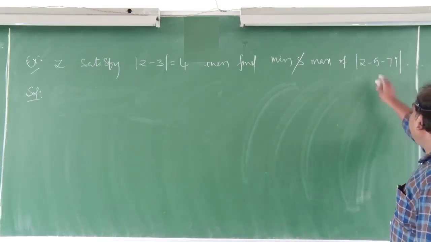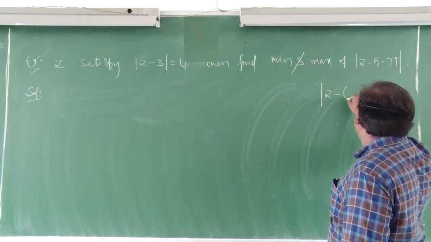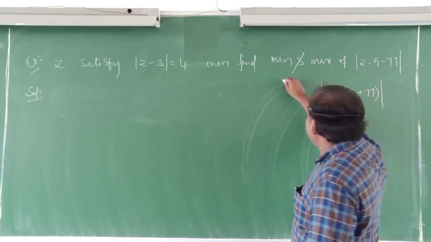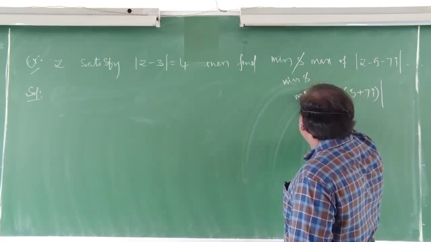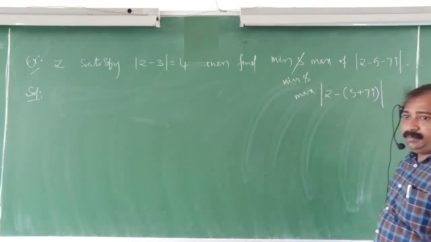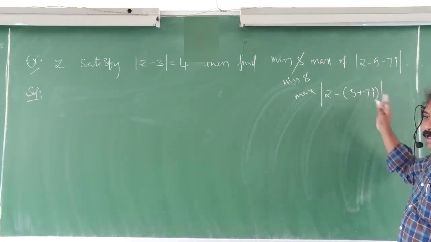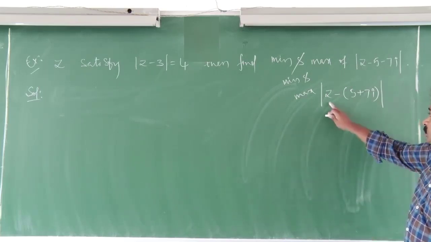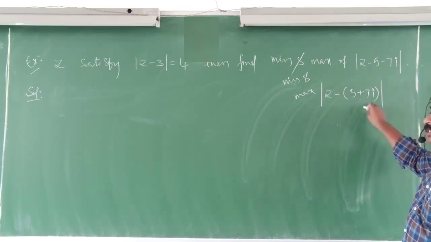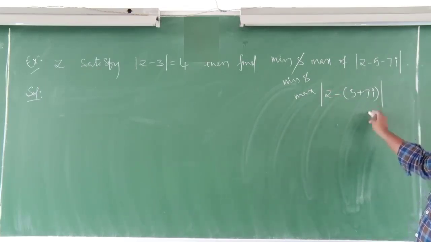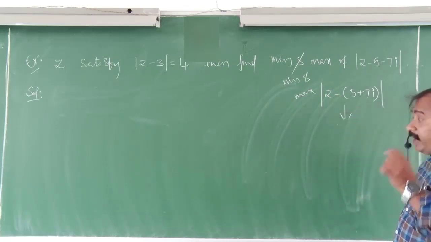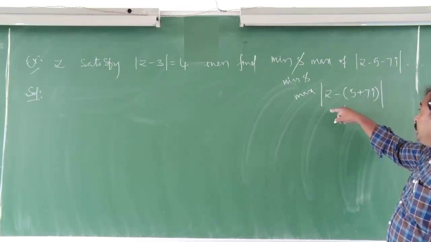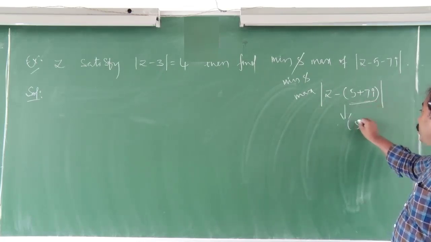For this one they are asking the minimum and maximum. Just now I said modulus of z1 minus z2 means the distance between the two complex numbers. So here they are asking for the minimum value of modulus of z minus this value. Indirectly, the concept is that you have to find the minimum and maximum distance of z from the point 5 comma 7.